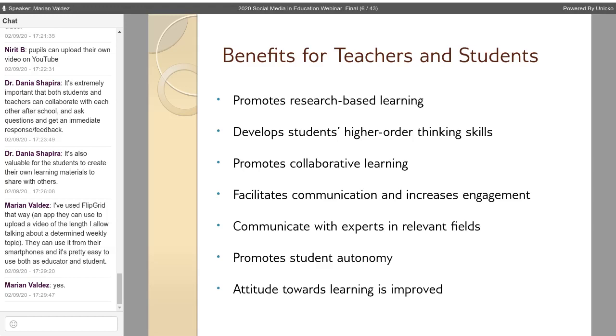Of course, good evening. Pretty much what I've used is Flipgrid in order to evaluate them orally. Let's say that we've had a pretty rough quarter or semester, because in my country we have a lot of holidays.